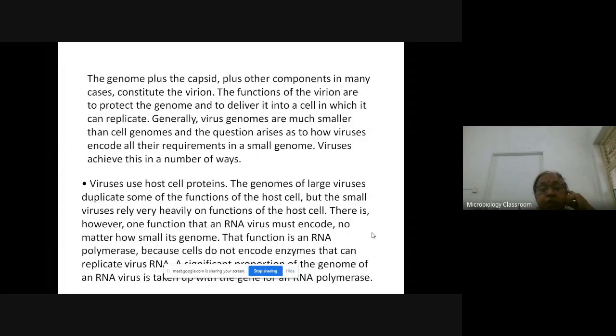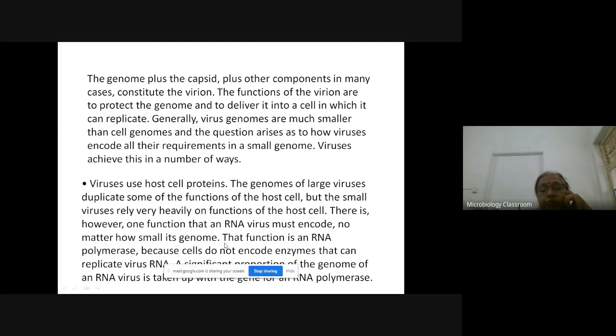These enzymes, RNA polymerases or DNA polymerases, the virus does not have. Enzymes required for each and every metabolic activity of the viruses are taken from the cell which it infects. So proteins is the first one.